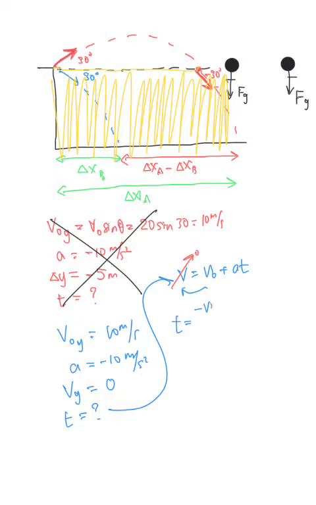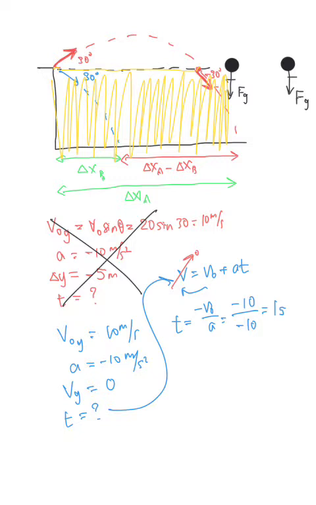So t equals negative v0 over a. And the last step is to plug in the variables. The initial velocity in the y direction was 10, so we have a negative 10 in the numerator, and the acceleration was negative 10, so negative 10 divided by negative 10 is 1 second.